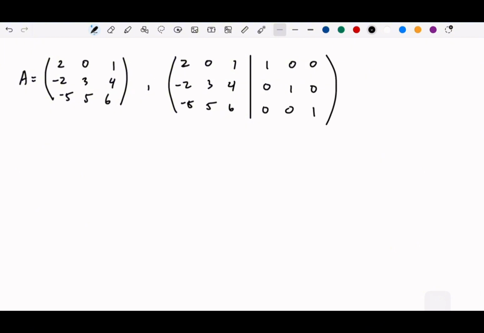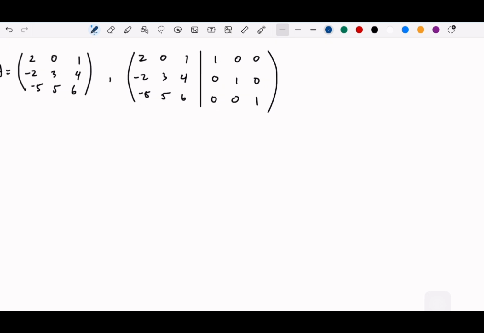Okay, I think we can work with this. I think the top we can multiply first, and this.